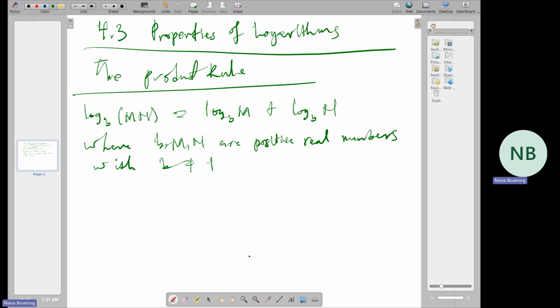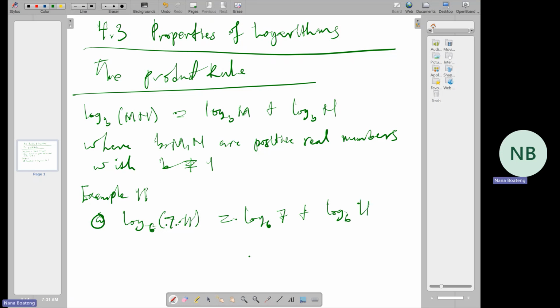All right, so we can use an example to illustrate this. So this will be our first example. Example 1a is log to the base 6 of 7 times 11, which is equal to the log to the base 6 of 7 plus log to the base 6 of 11.